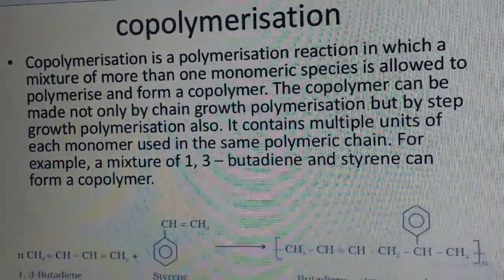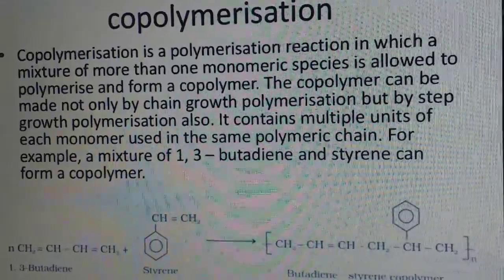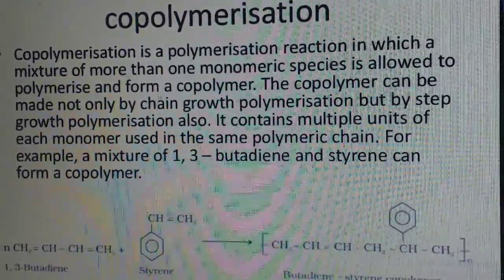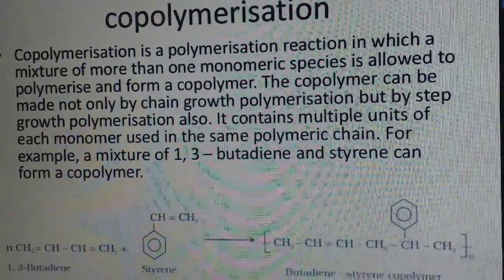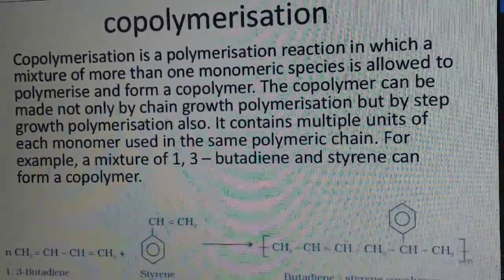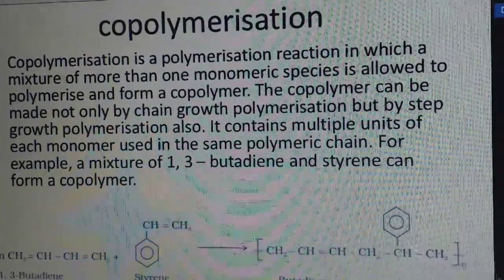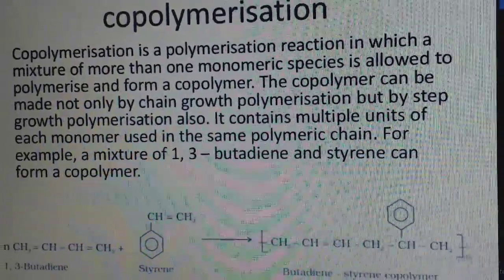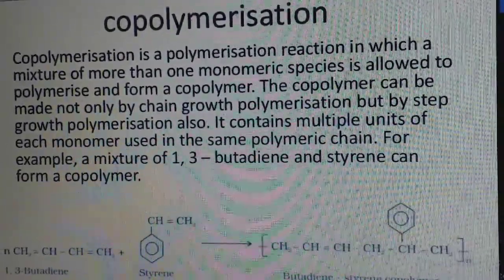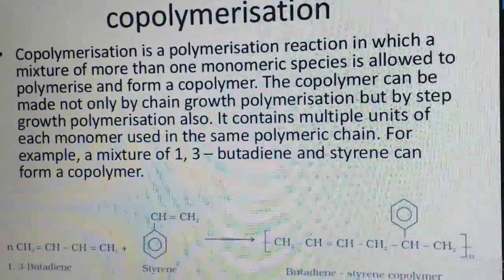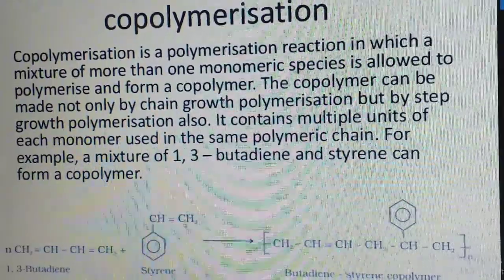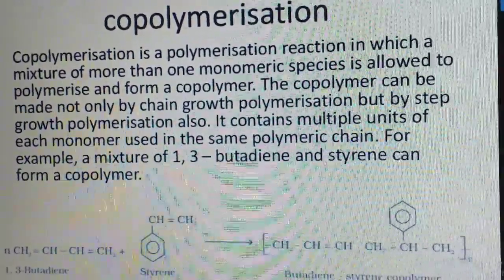Next is copolymerization. Copolymerization is a polymerization reaction in which a mixture of more than one monomeric species is allowed to polymerize and form a copolymer. The copolymer can be made not only by chain growth polymerization but by step growth polymerization also. It contains multiple units of each monomer used in the same polymeric chain.